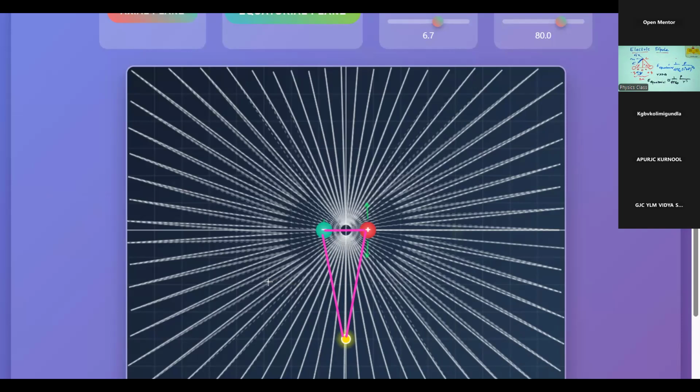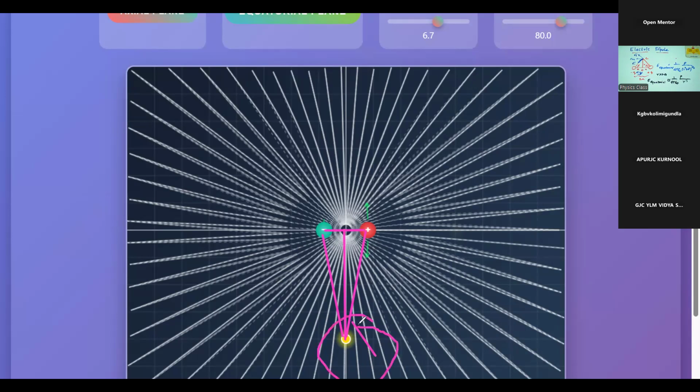That's why it is the equatorial plane. You can draw one line from the center of the dipole to that test point, and you can label it A or 2A.